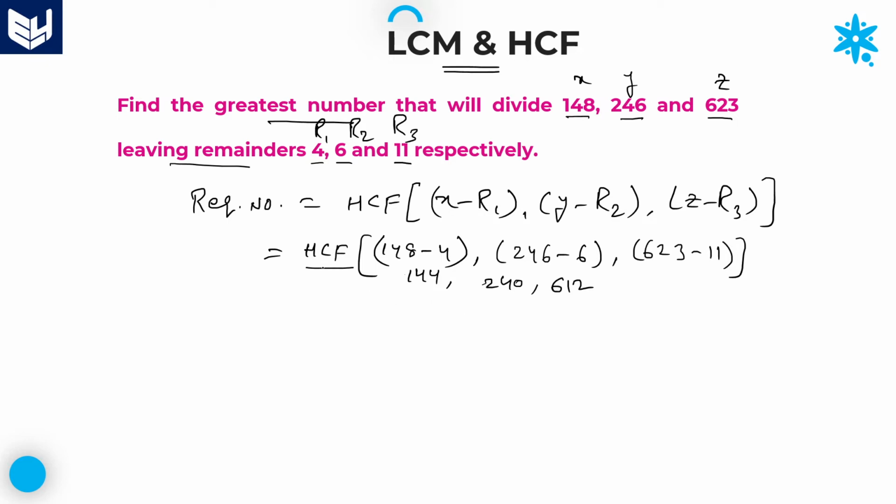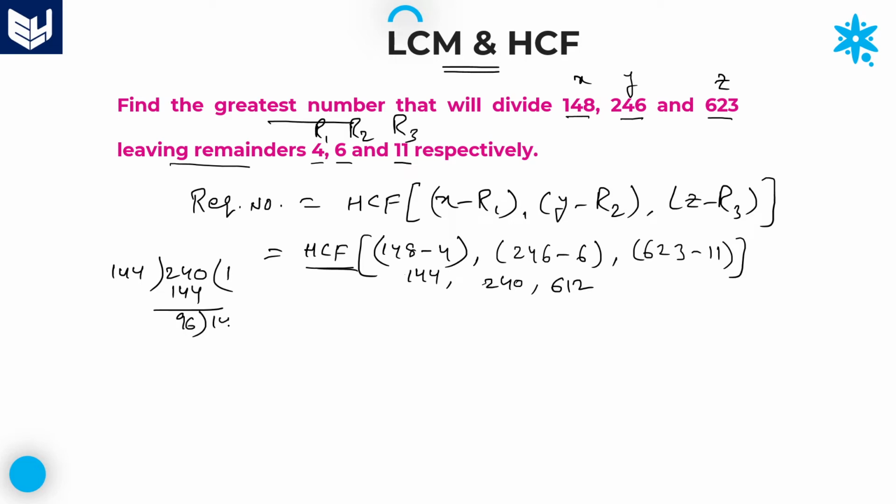Now you can go with the HCF. I will take the first two numbers, 144 and 240, and go with the long division method. Divide 240 with 144. 144 ones are 144, and the remainder is 96.